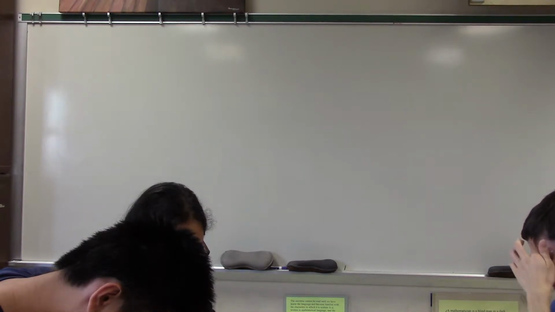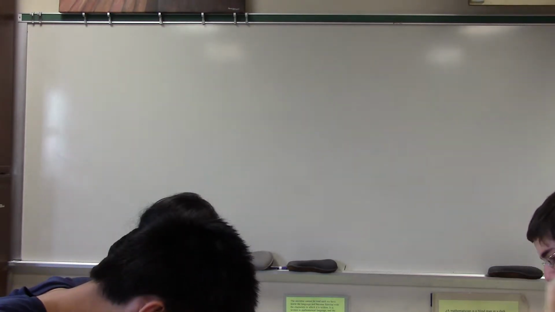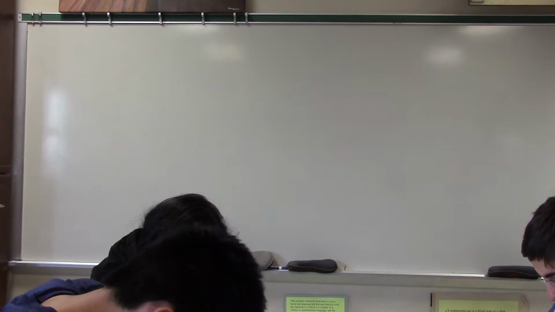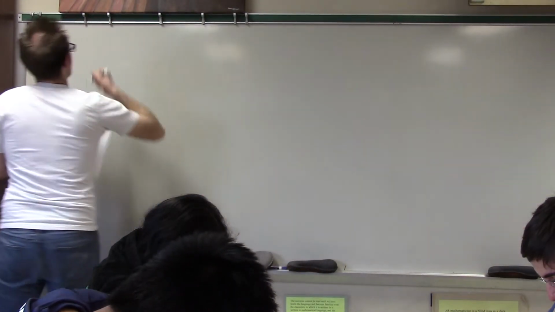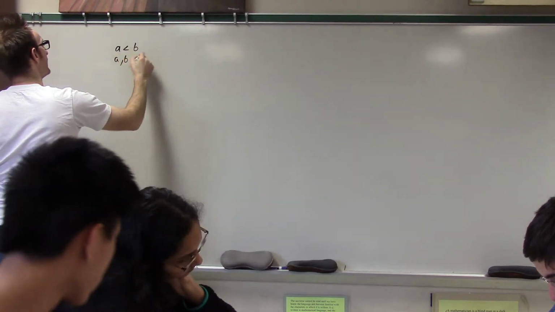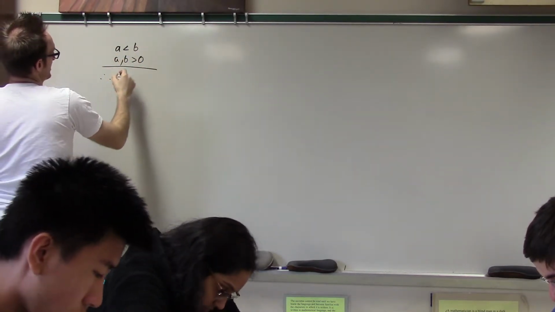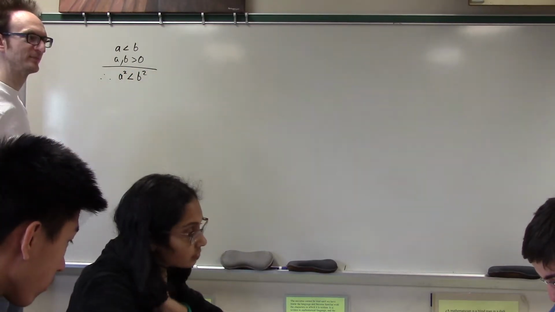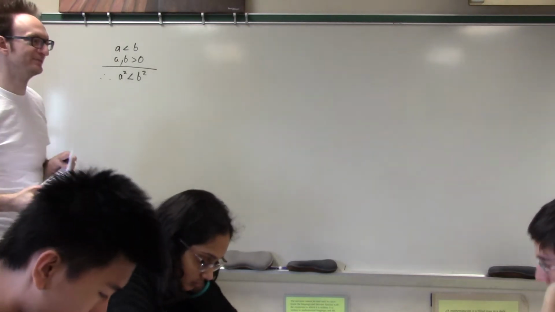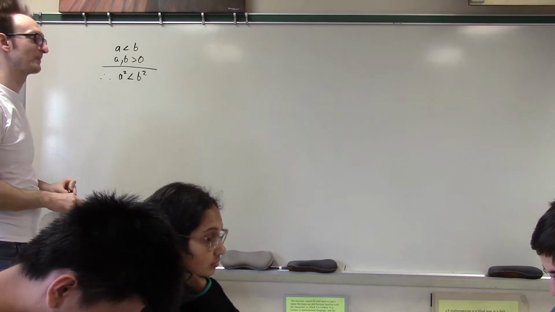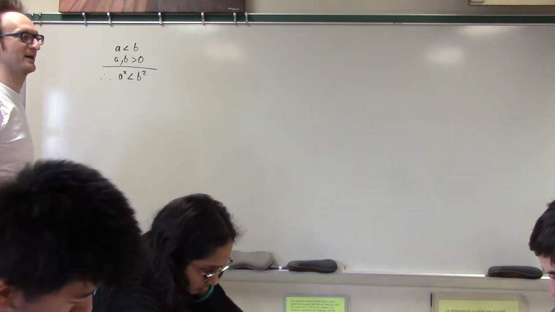It is a fact, which can be proven, but I don't feel like it, that if A is less than B, and A and B are both positive, then it is legitimate to conclude that A squared is less than B squared. Proof upon demand. You would have to go into some very low level properties of inequalities to prove this, but yeah, it can be done.